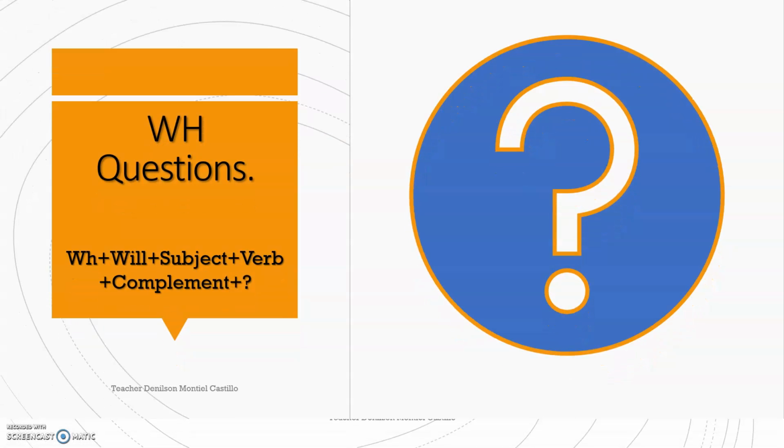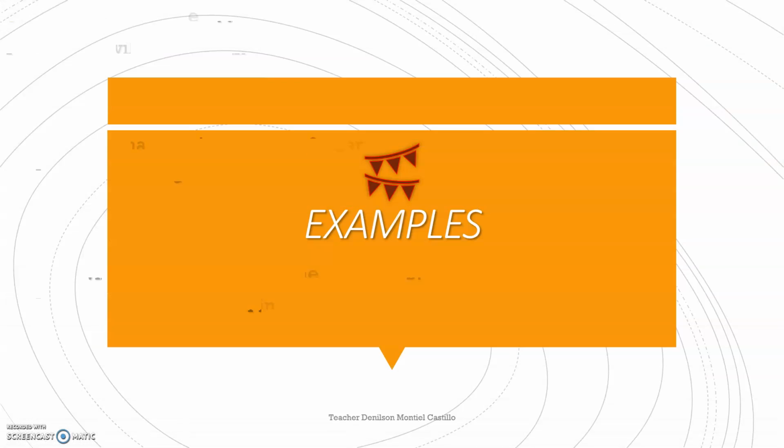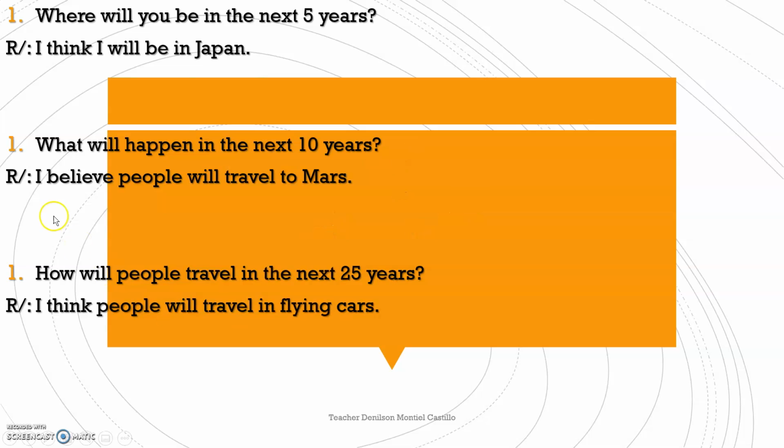Now, let's take a look at some examples. Where will you be in the next 5 years? In this case, double H is where, will comes after double H, the subject is you, the verb is be, and the complement would be in the next 5 years.